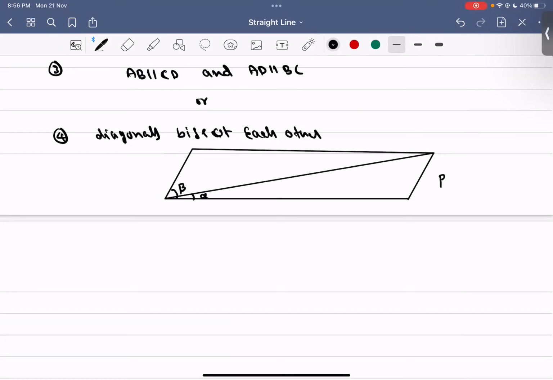In this diagram, we can say beta is greater than alpha. Therefore, the diagonal is not an angular bisector, because angle beta is greater than angle alpha. So that is the reason.